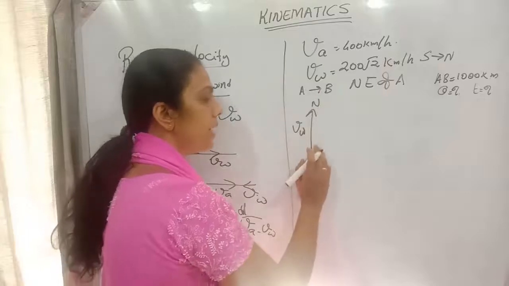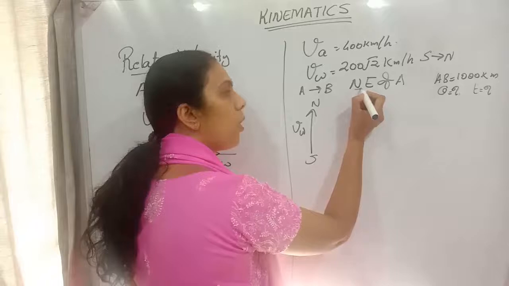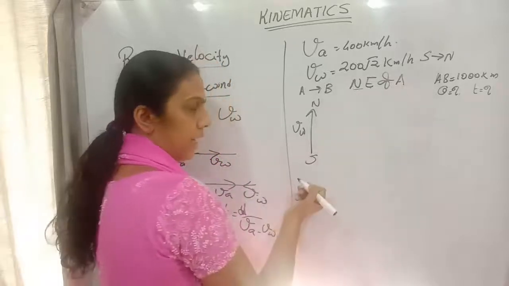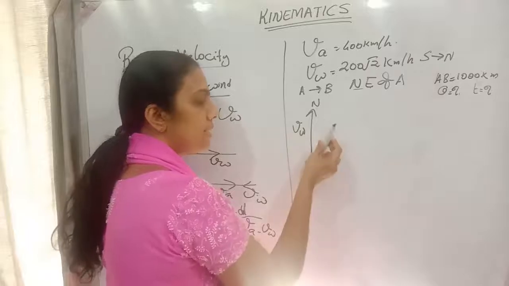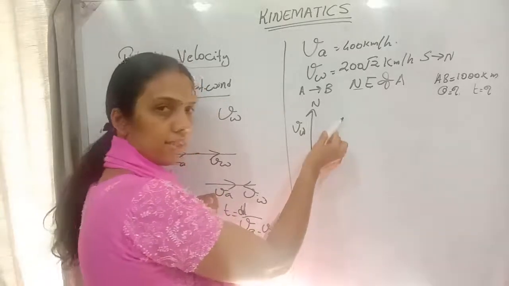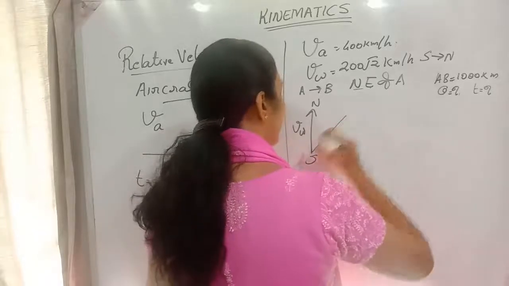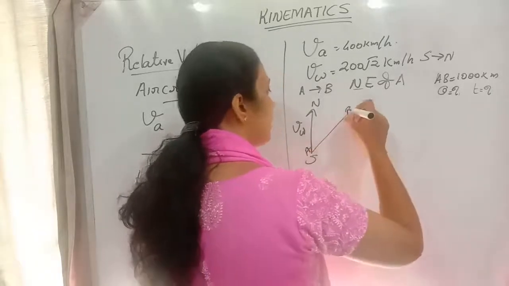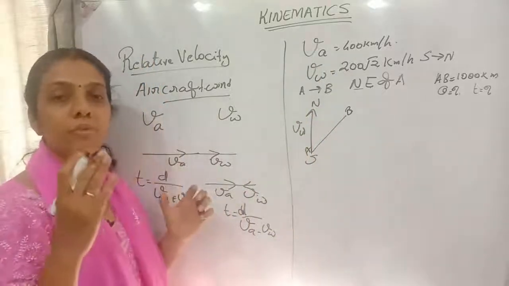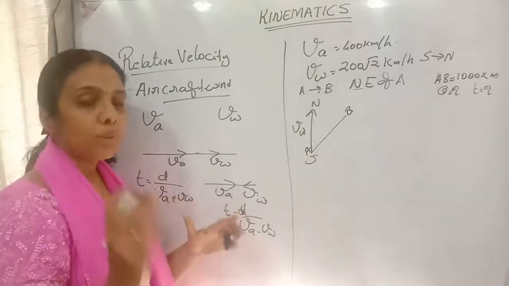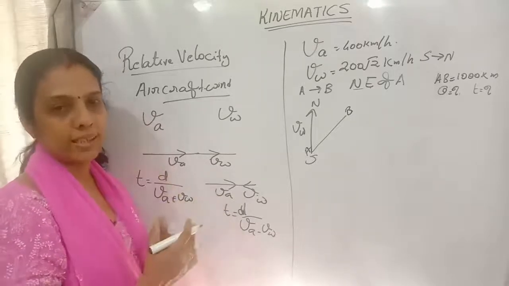The aircraft wants to move in the northeast direction of A. This is east, so northeast will be like this. The aircraft wishes to move from A to B in this direction only. For that, in which direction should he turn the steering?